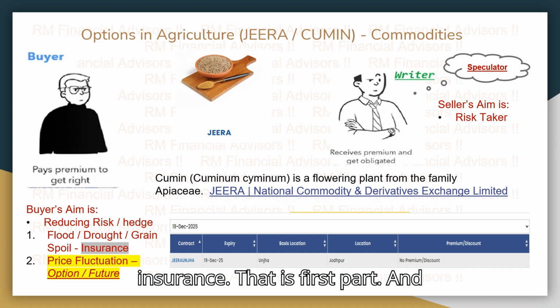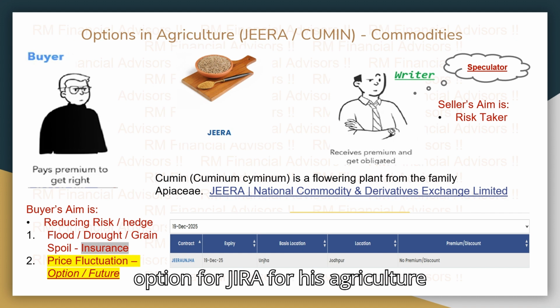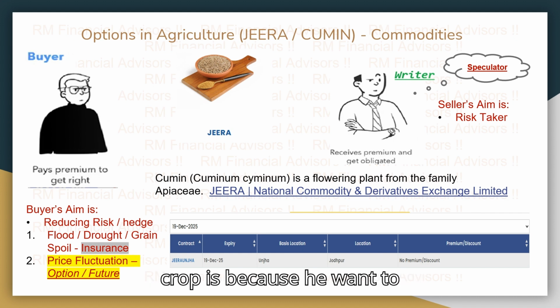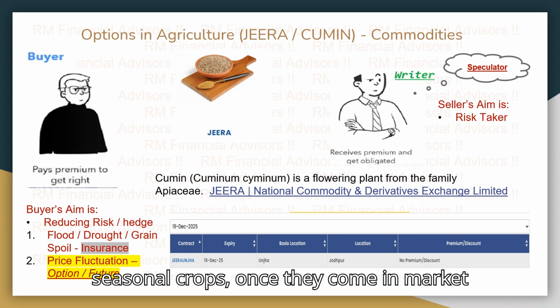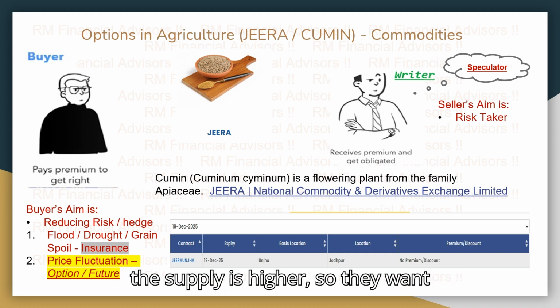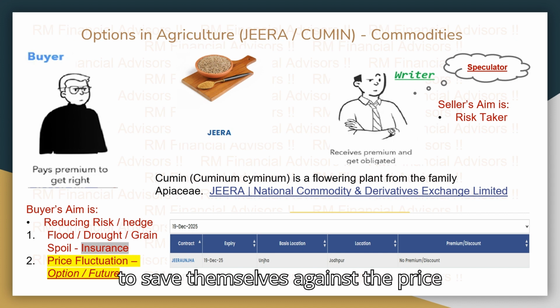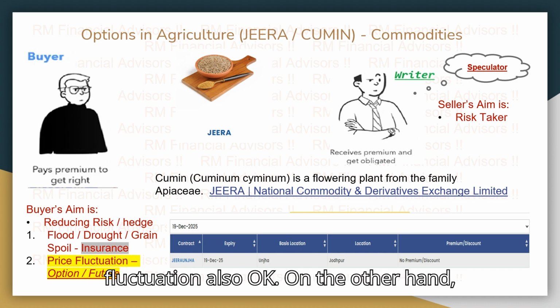The second reason a buyer buys an option for jeera for his agriculture crop is that he wants to save himself from price fluctuation, because these are seasonal crops. Once they come to market, the supply is higher, so they want to save themselves against the price fluctuation also.